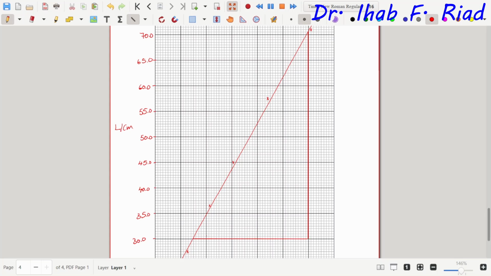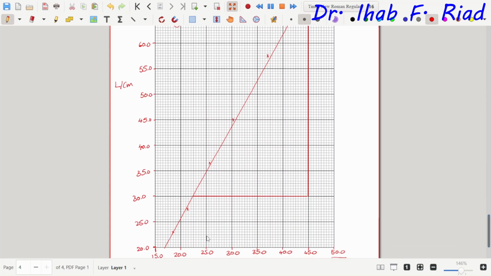Okay, so the gradient is change in y divided by change in x. So how can we calculate the change in x?